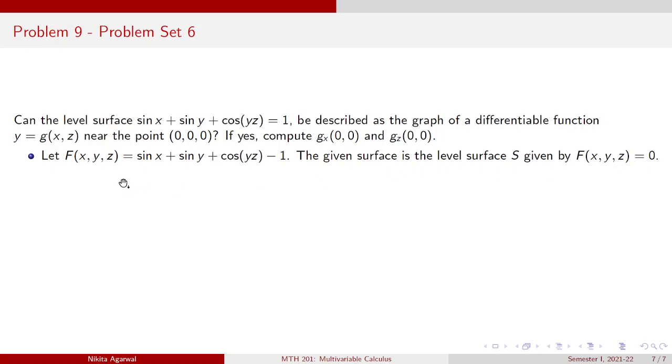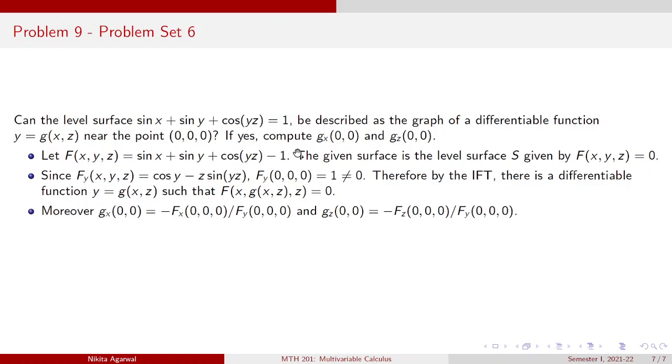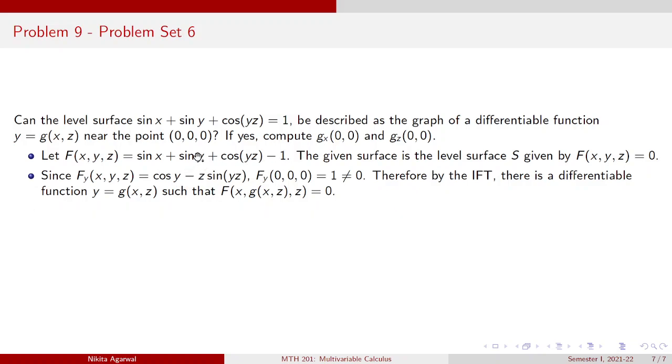Now, you want to see whether you can write y as a function of x and z, so you will compute the partial of F with respect to y, which, from taking the derivative of this, comes out to be cosine y minus z sine yz.